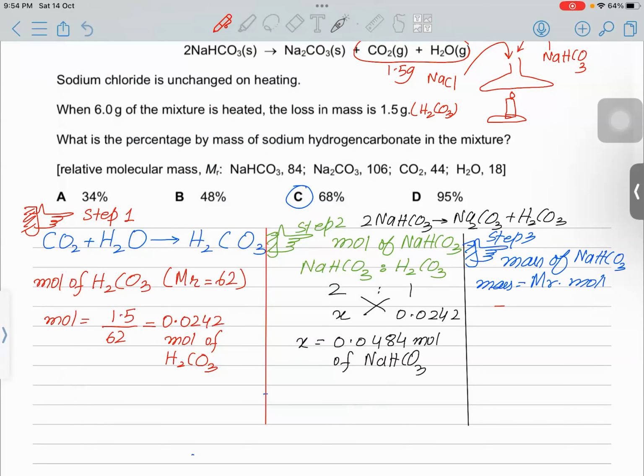Mr is 84. Mole is 0.0484. Can you repeat the answer? Sir, 4.066 gram. 4.066 gram of NaHCO3.